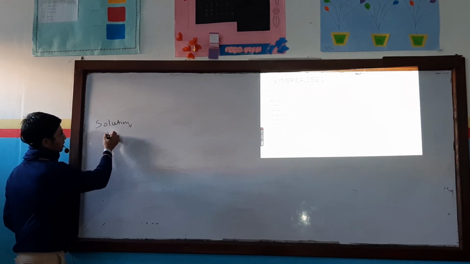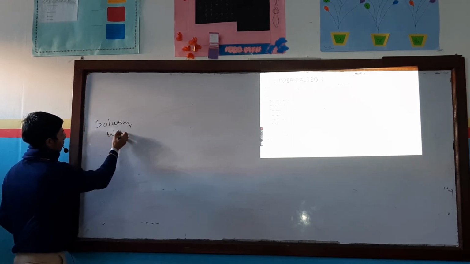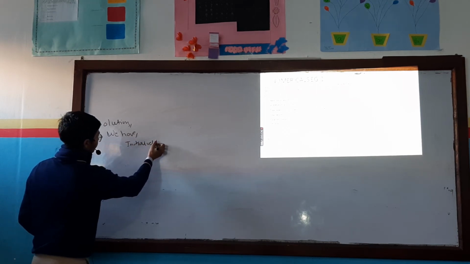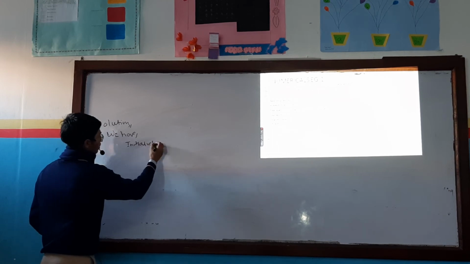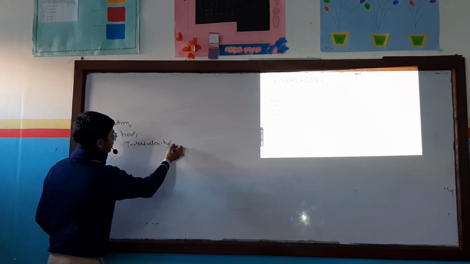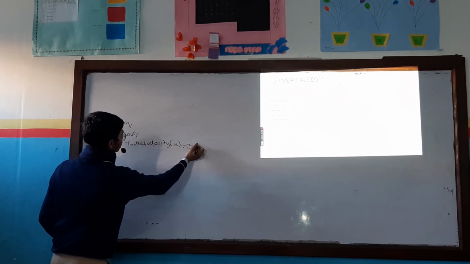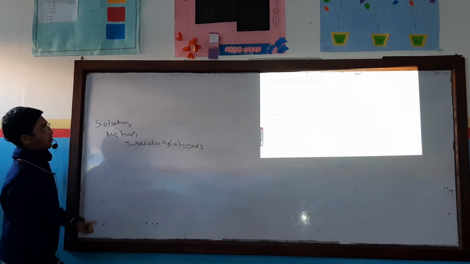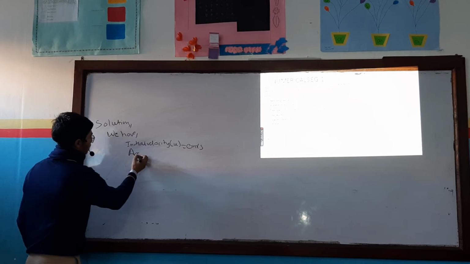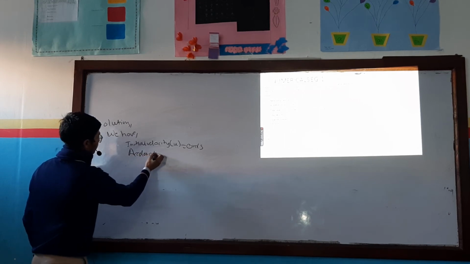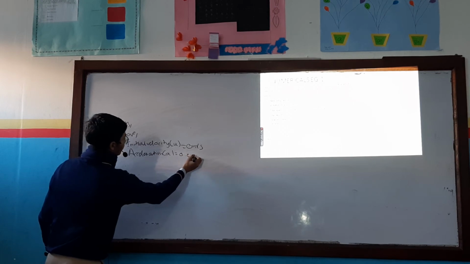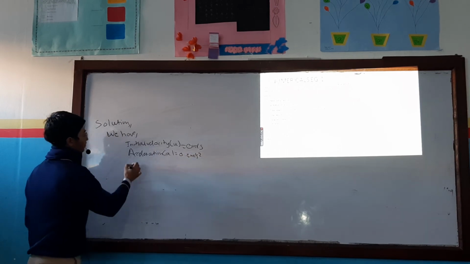In the solution, we have initial velocity u is equal to 0 meter per second, and acceleration a is equal to 0.5 meter per second square.